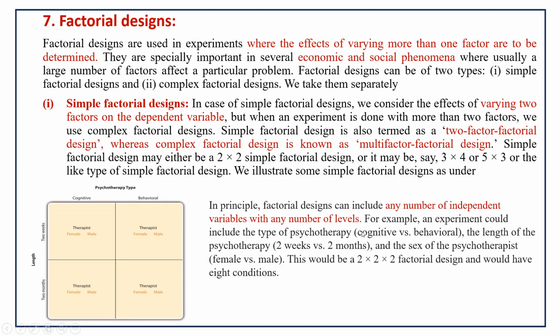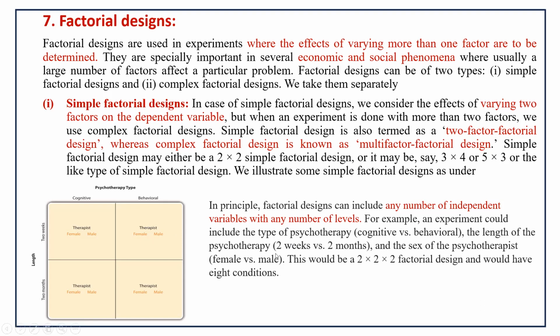The researcher wants to give some psychotherapy. What type of psychotherapy is it going to give? Cognitive versus behavioral. Cognitive means mental therapy, and behavioral means the communication or how the person behaves. That is all the therapy the researcher wants to give to the group of people.